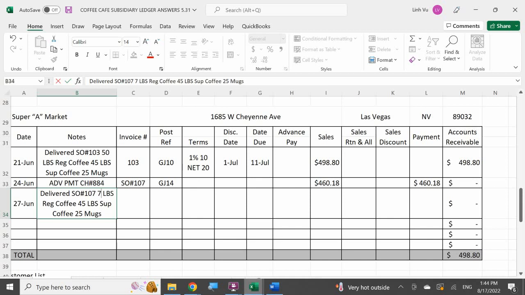For 75 pounds. Of that, 55 of Supreme and 85 mugs.